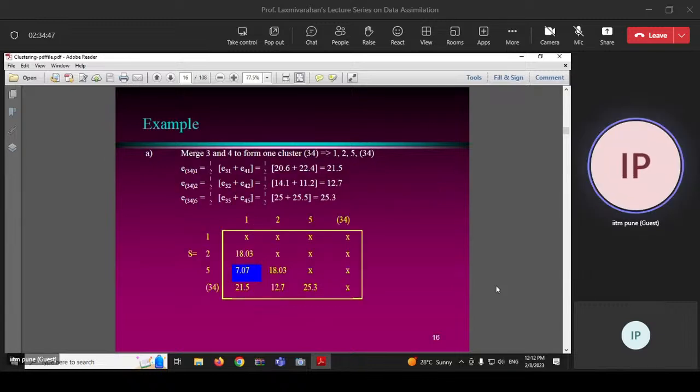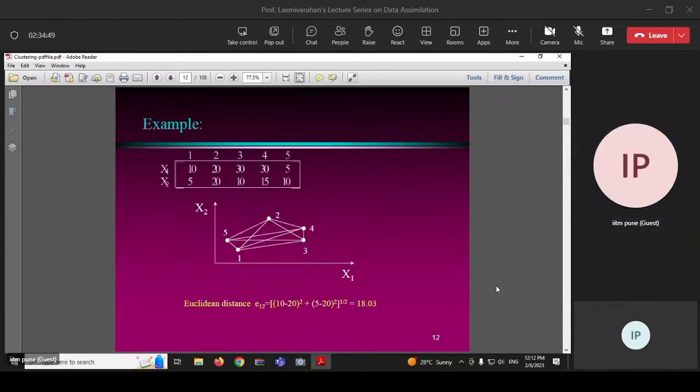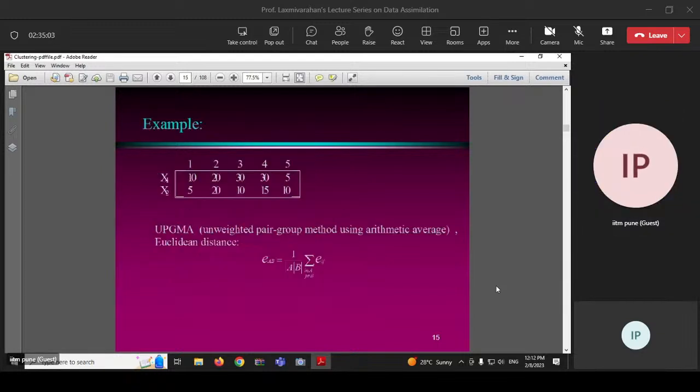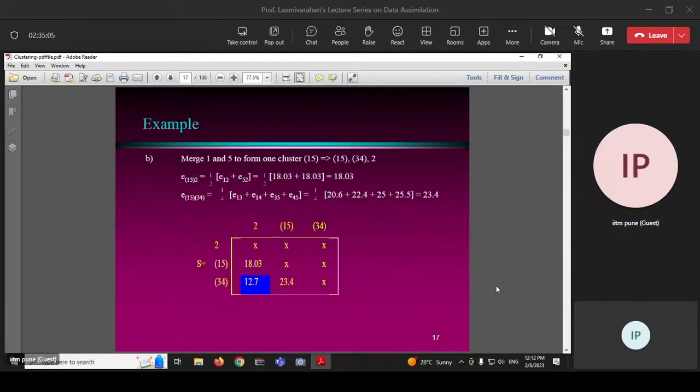And that is bound by my geometry. Remember, the distance between 2 and 3,4 is smaller than the distance between 2 and 5. So 12.17 is the minimum.